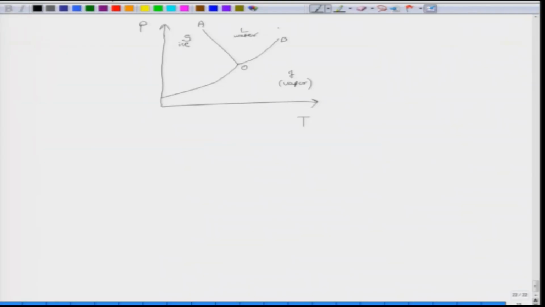But liquid to vapor or boiling, which is this line, let us call this OB, it has a positive slope. Similarly, solid to vapor has a positive slope. Now, you can see these three curves intersect at one point O. That means, at this point all three phases coexist in equilibrium, and this is the triple point.